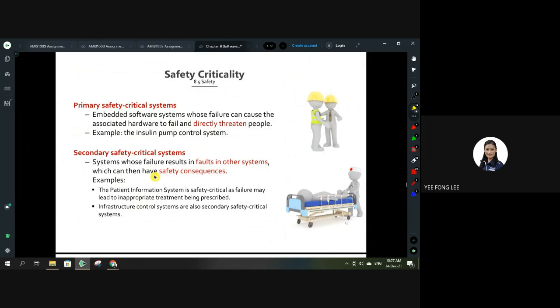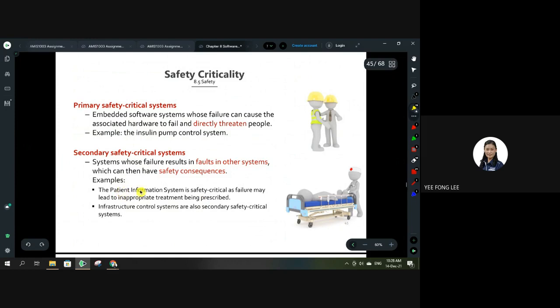The fault might also cause injury to the people who use the designed system. Another example of a secondary safety critical system is the mental health care management system. Failure of the system means the patient might not be treated properly, which might also lead to patient injury. They might injure themselves if you don't provide the stable treatment.